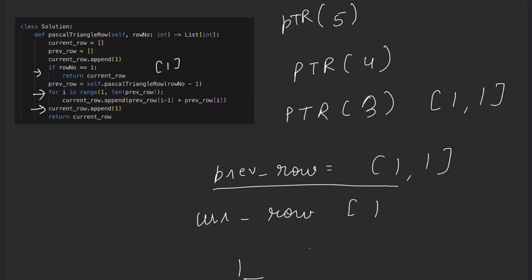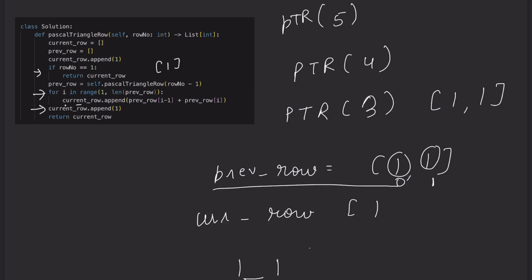So from 1 to 1, basically inclusive, we run for 1. In this case we append to the current row previous row of I minus 1 plus previous row of I. So 1 minus 1 is 0, so previous row of 0 plus previous row of 1.